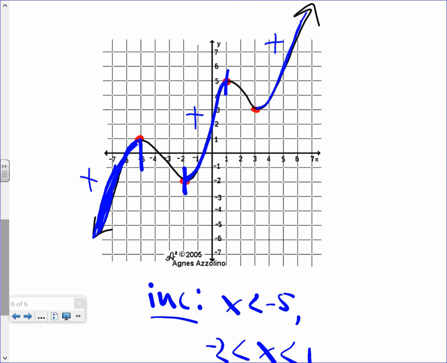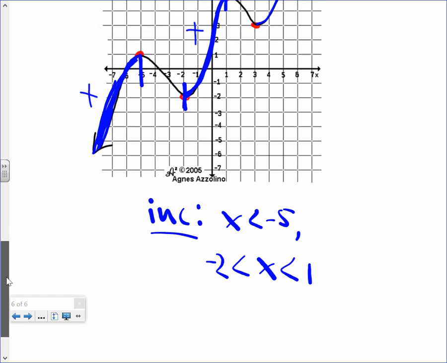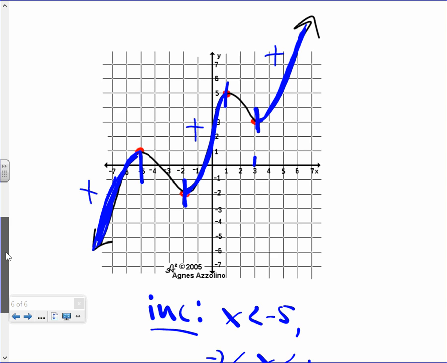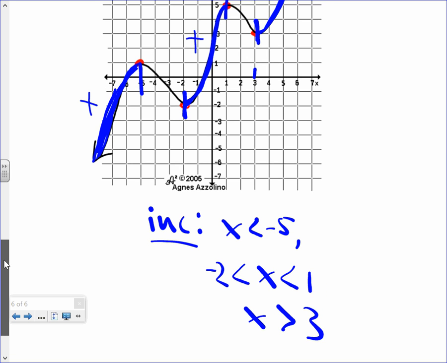It started here and ends there. All those x values are greater than -2, but less than 1. And then the last interval, anything bigger than 3.